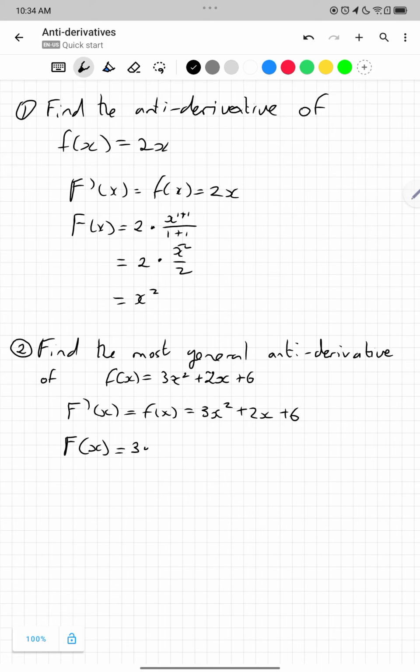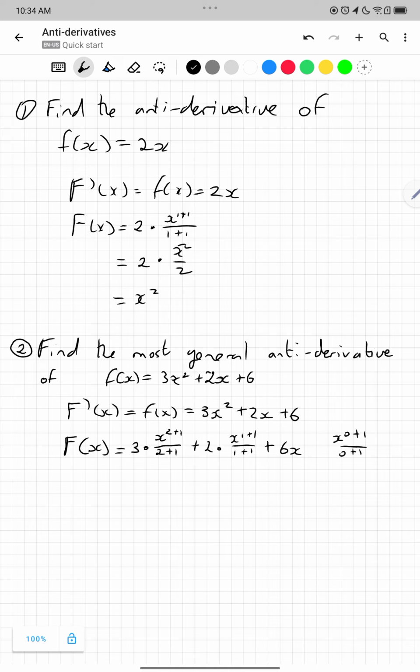So it's going to be 3x to the exponent of 2 plus 1 divided by 2 plus 1, plus 2 times x to the exponent of 1 plus 1 divided by 1 plus 1, and then for the constant, you just put x on it because it's going to be x to the 0 plus 1 all over 0 plus 1.